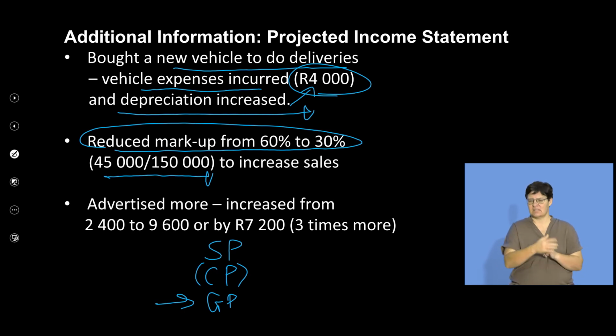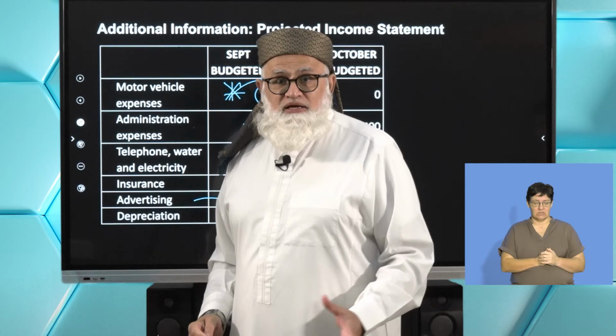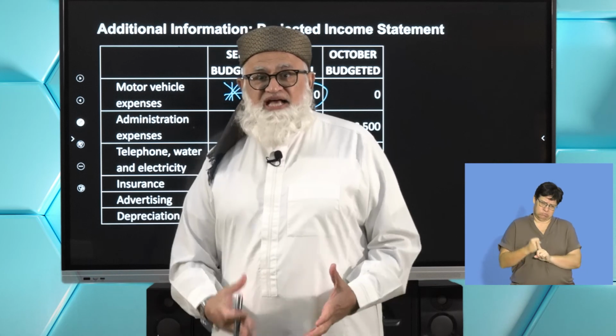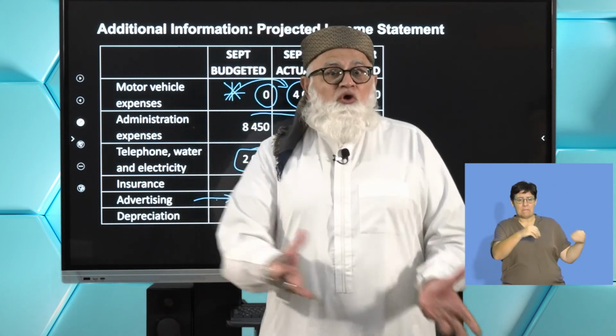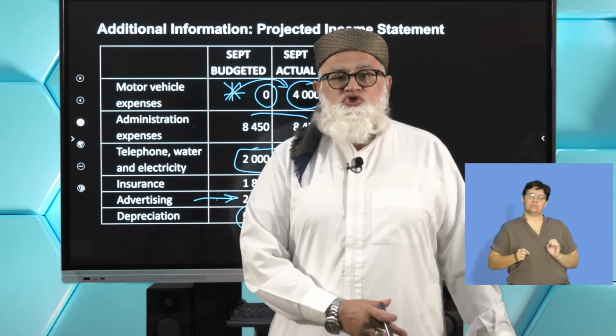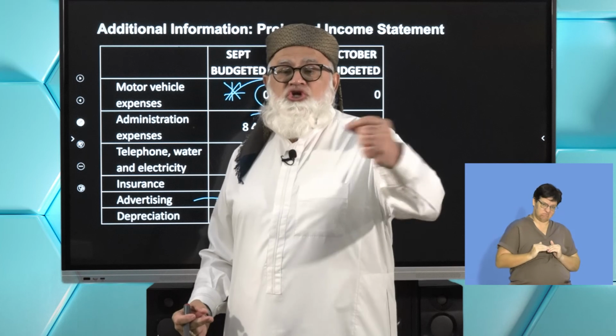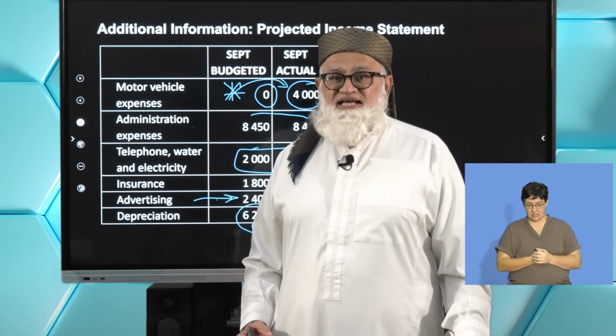What about advertising? Let's look at advertising. Advertising, you budgeted 2,400, but you actually spent 9,600. So clearly there was an aggressive advertising campaign because of the competitor. You now had competition, and because of this competition, it has resulted in a substantial increase in your advertising.